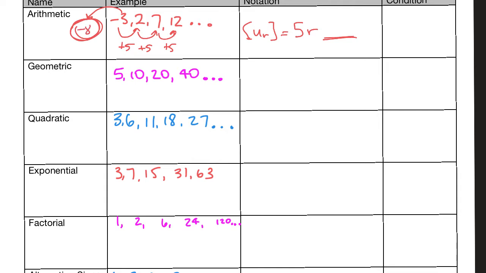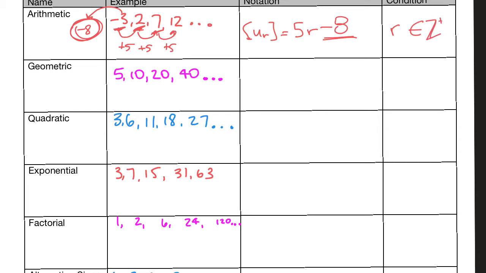In this case, that would be -8. And you can always test it out. When you plug in 1, you should get -3. When you plug in 2, you should get 2. When you plug in 3, you should get 7, etc. And the condition here is that r is an element of the positive integers.